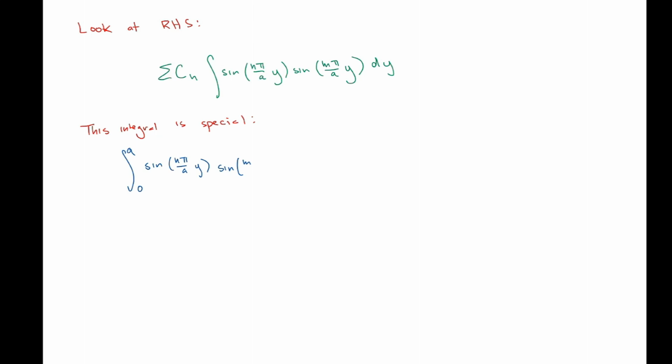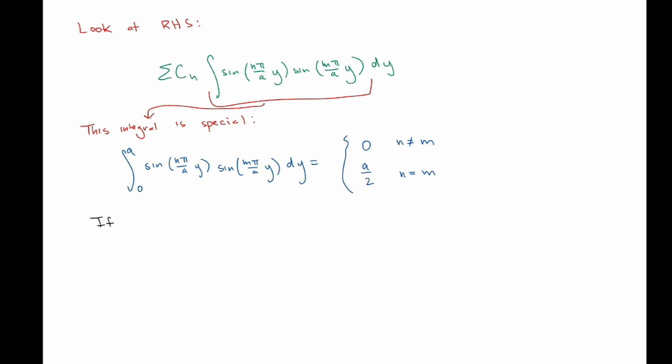By the way, it's just this part of the integral, not the c part. Okay, it's going to be equal to 0 if n is not equal to m. That's what I just showed you in Mathematica, but it's equal to a over 2 when n is equal to m, okay, or when these two integers are the same, okay? Okay, what does this mean?